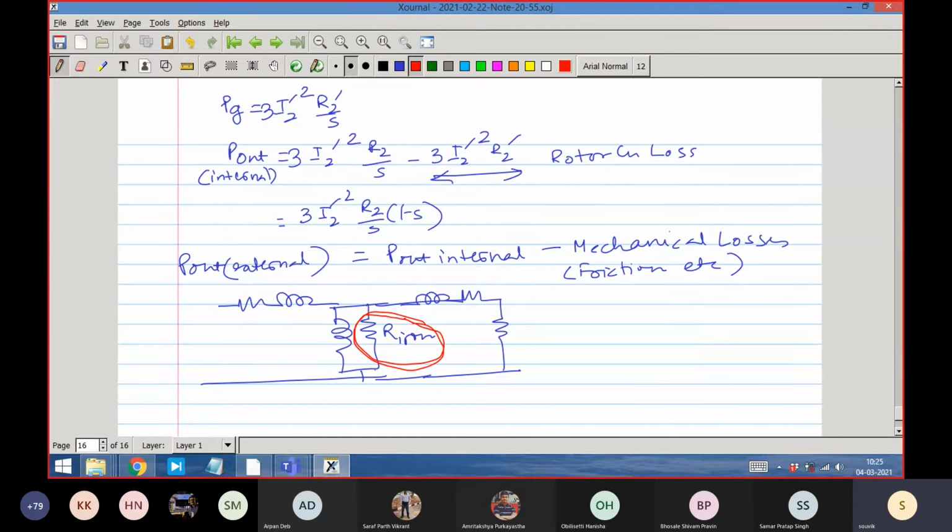If you think very carefully, you have to think a little bit in terms of the field. Iron loss essentially is coming due to the magnetic field fluctuations, the BH curve. You remember the BH curve?